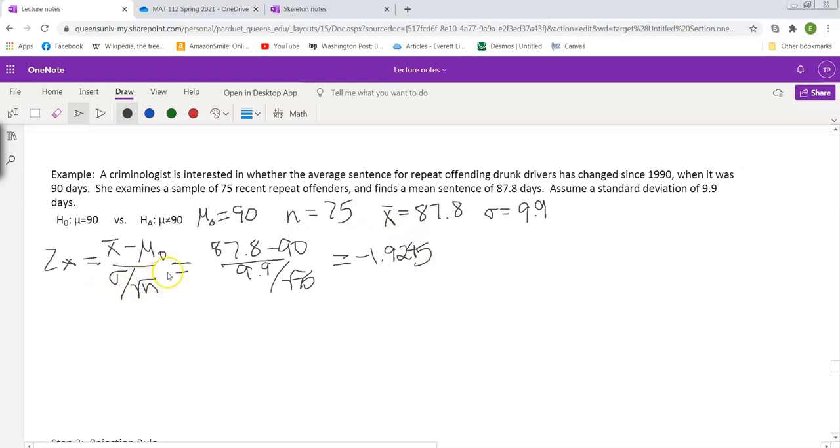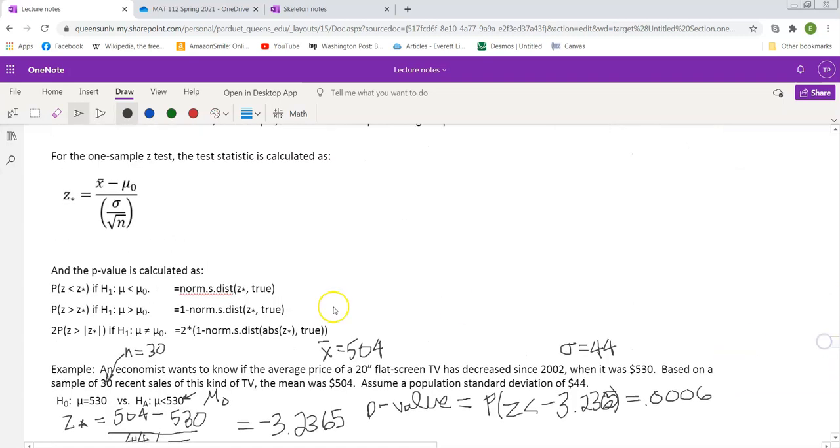And this is that not equal to one where if we go and look at the formula, this is the one that's 2 times the probability that z is greater than the absolute value of the test statistic.